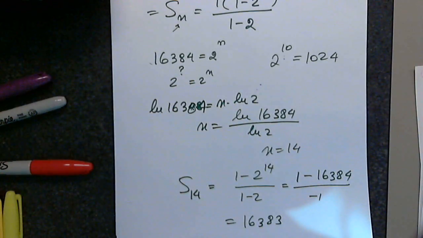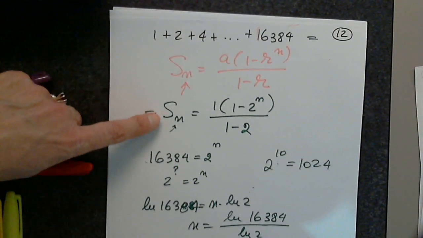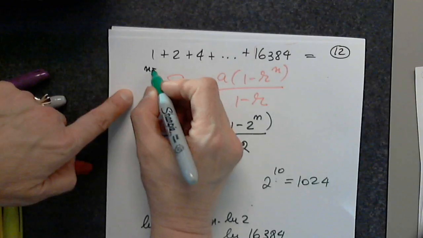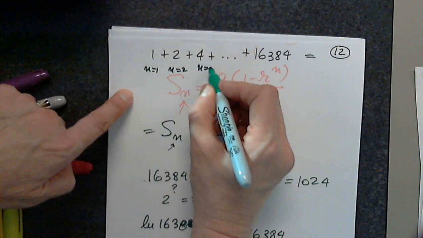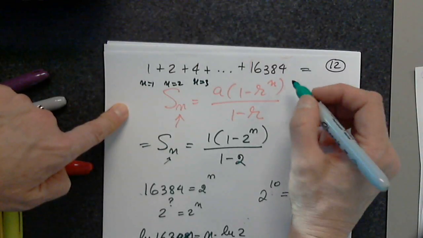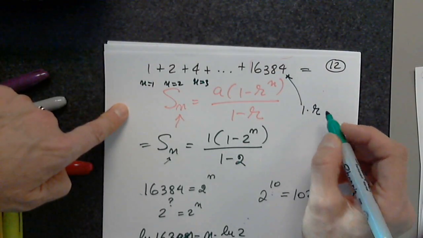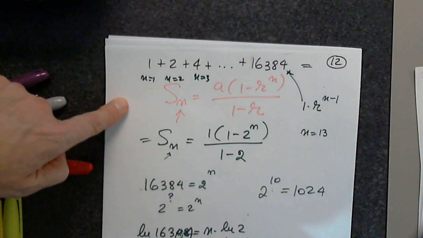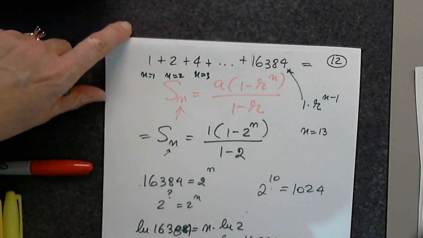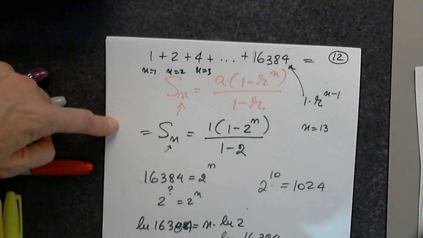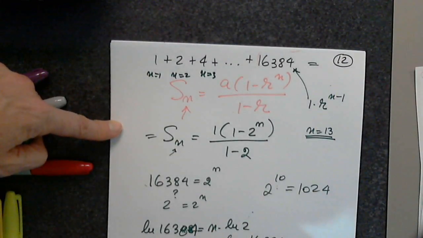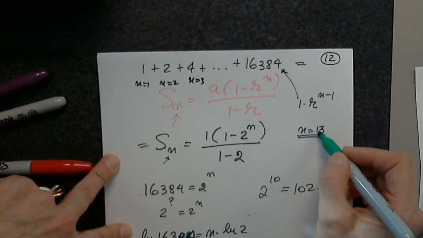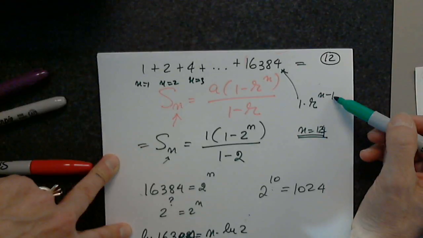So the sum: this is when n is 1, this is when n is 2, this is when n is 3, and this term is 1 times r to n minus 1. So then n is 13. Careful. No mistake on your part. My mistake. I should have explained that. So it's not 14, it's 14 minus 1.